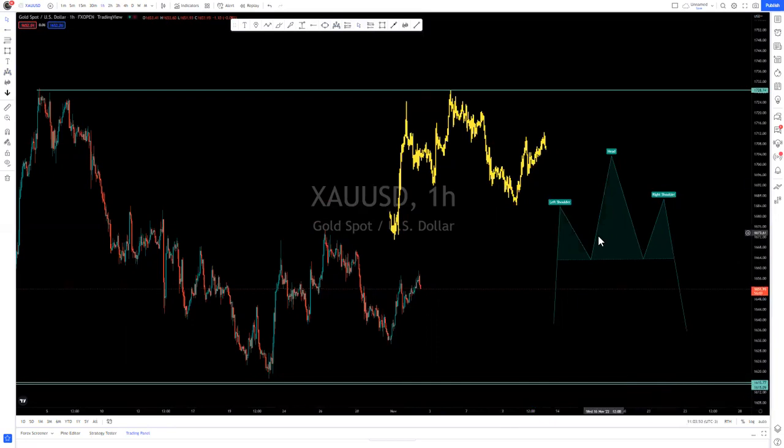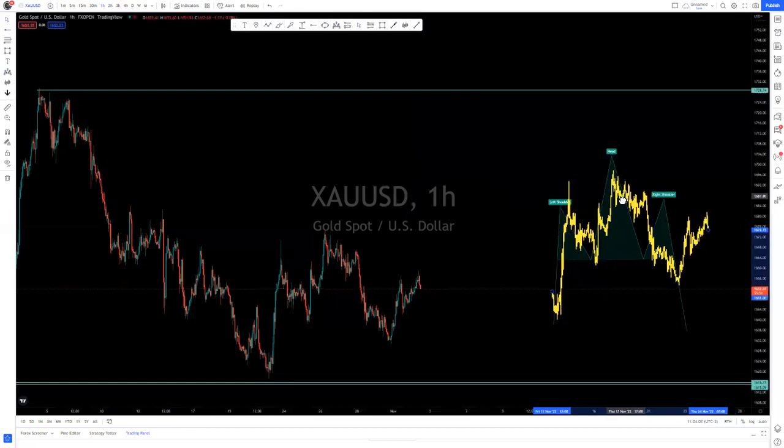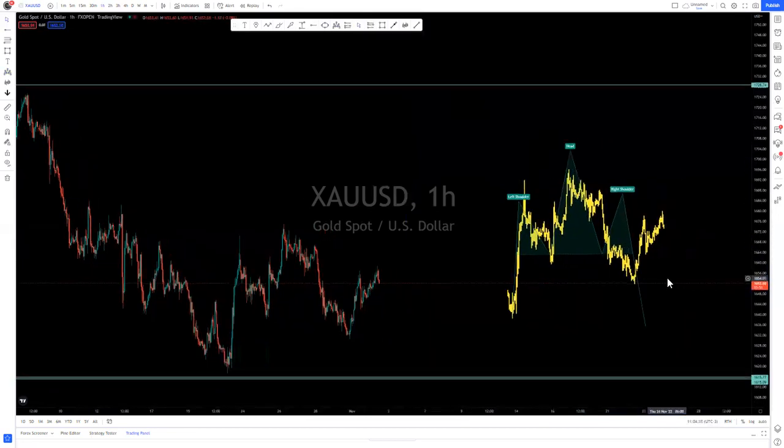Does this and this look the same, guys? No, it doesn't look the same. It does, look at this thing. Oh yeah, now I see. Now you see, you see that they look the same, right?